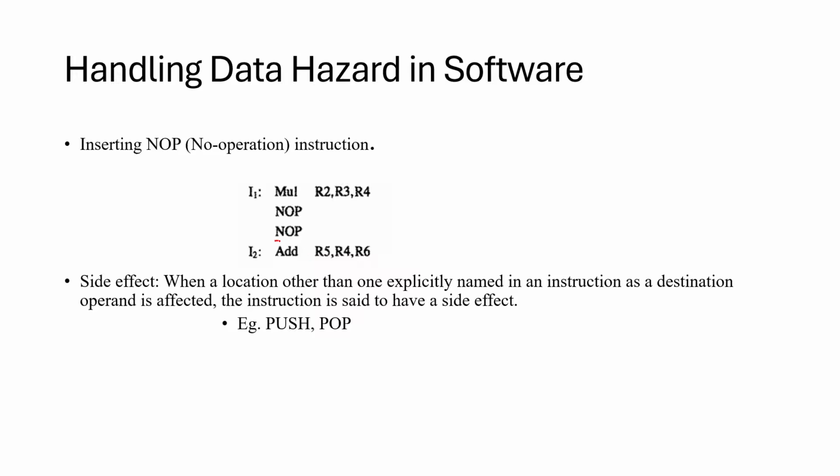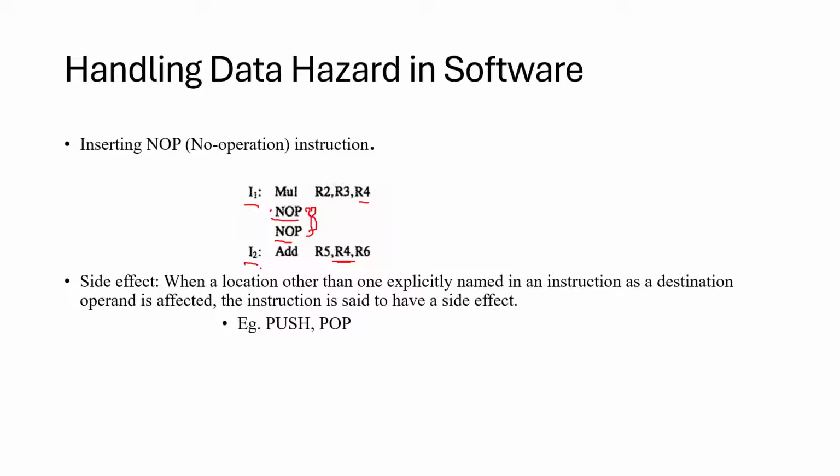So for 2 clock cycles, no operation instructions are introduced. After these 2 clock cycles, the value of R4 will be ready, right? So by using the no operation instruction, we can handle the data hazard. Who will do that? The compiler can introduce the two clock cycle delay needed between instruction 1 and instruction 2 by inserting two no operation instructions. Okay, they won't do any operations.